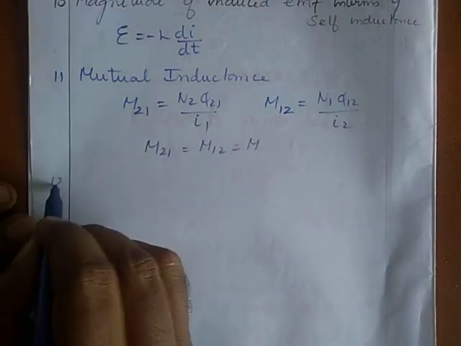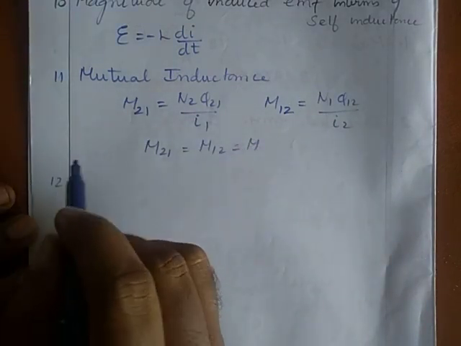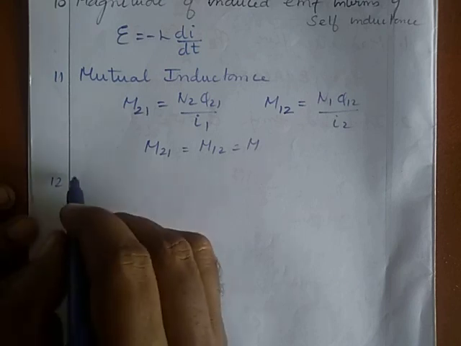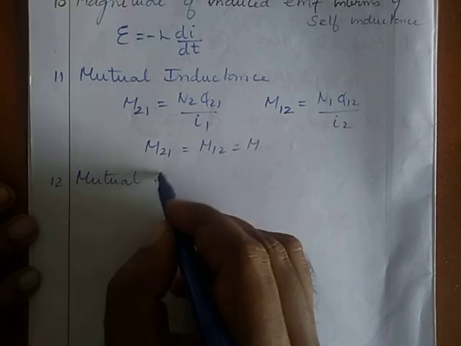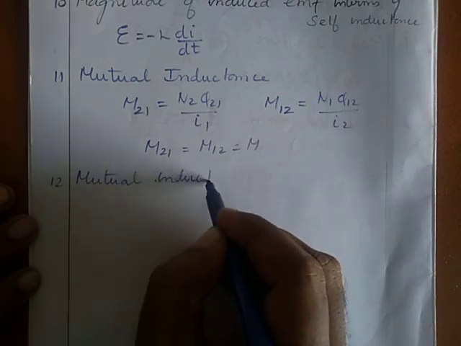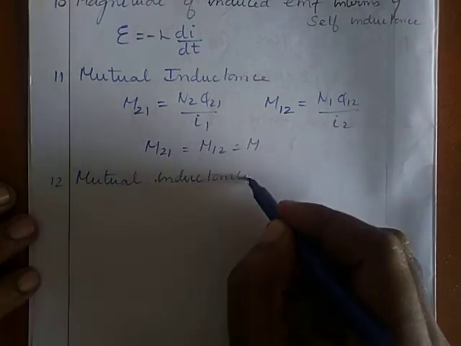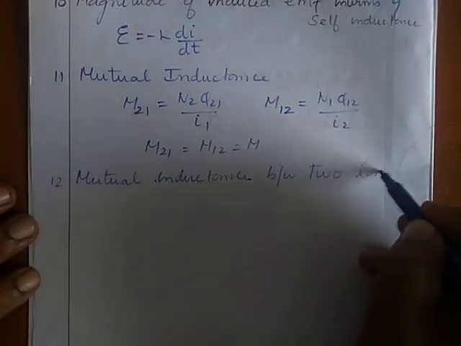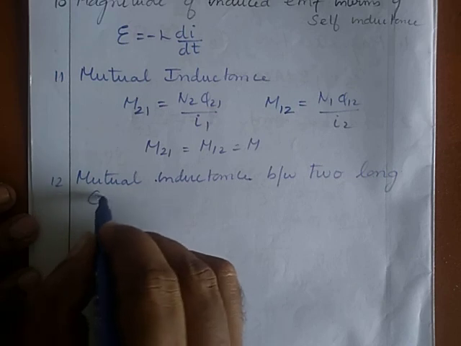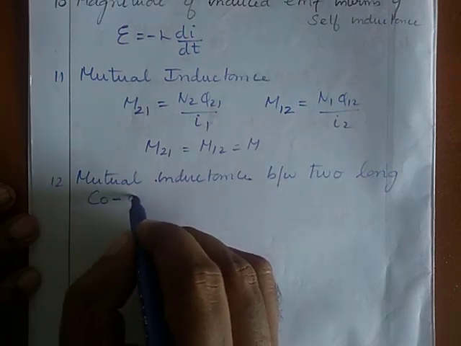Okay, then 12th one, mutual inductance between two long coaxial solenoids, coaxial meaning same axis.